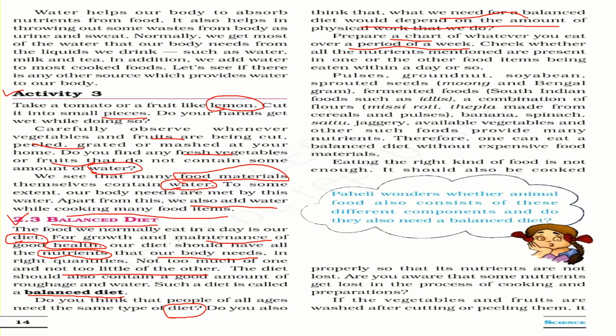As protein sources we know pulses, groundnuts, soya beans, sprouted seeds and fermented foods contain proteins. We have seen the carbohydrates also: a combination of flours like roti, chapati and pulses contain carbohydrates. Vitamins and minerals are present in fruits like banana, and in jaggery and other local available foods which we are consuming.